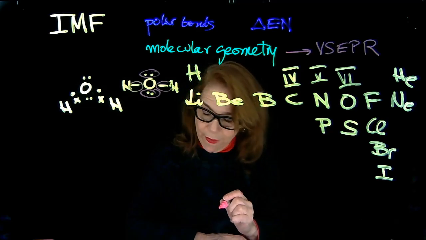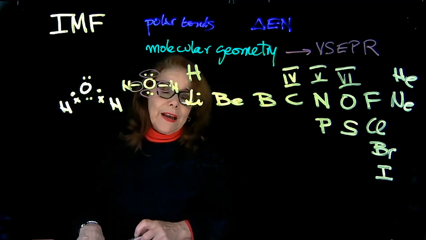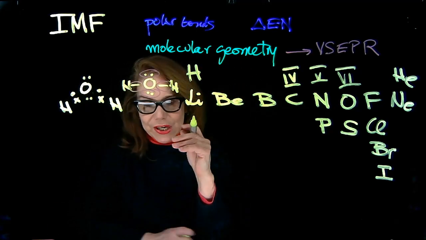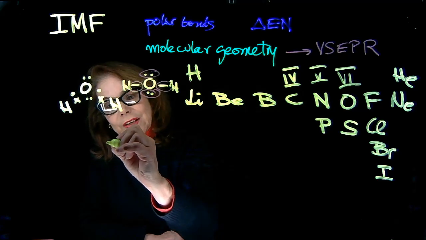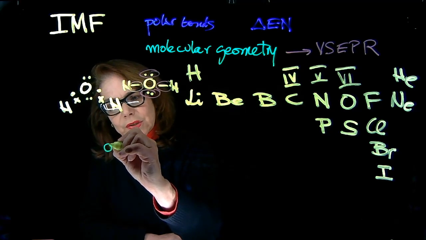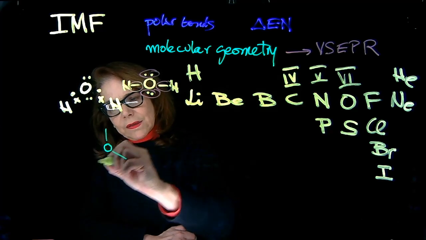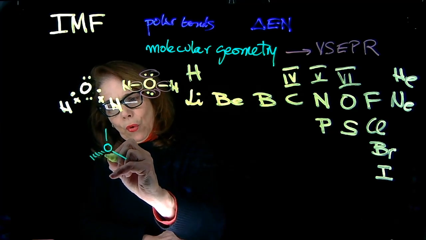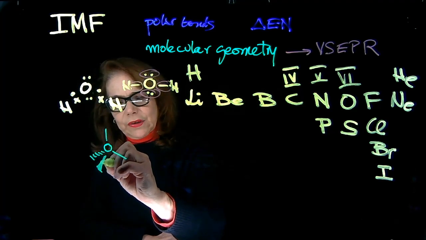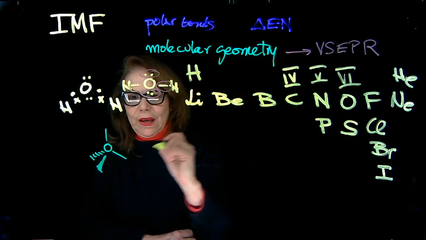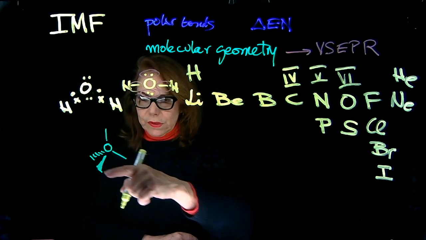Because we have 4, we're going to put those electrons in the direction of a tetrahedral structure. So I'm going to put oxygen here, and I'm going to put the 4 corners of a tetrahedron. These are 4 domains.